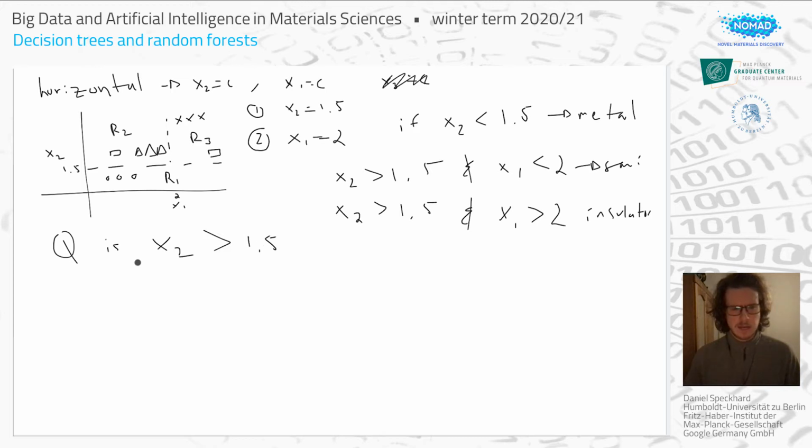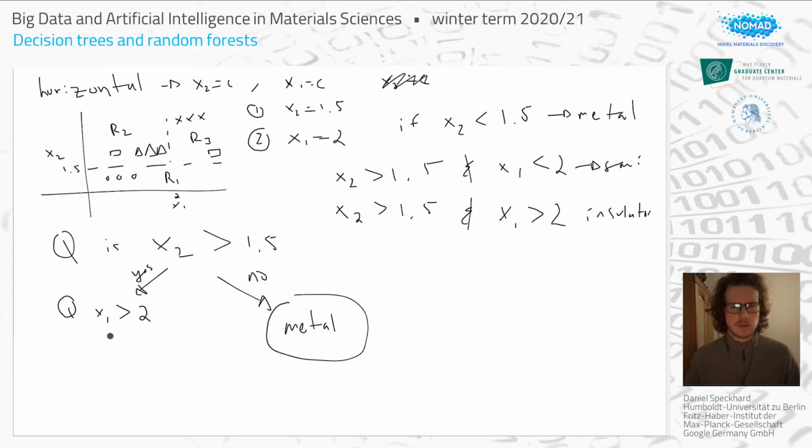If the answer to this question is no, then we arrive at this bubble here, and any data that answers this question as no, we'll classify as a metal. So x2 is less than 1.5 would be here. And if the answer is yes, then we arrive at another question: is x1 greater than 2?